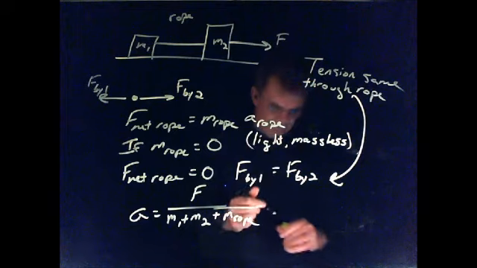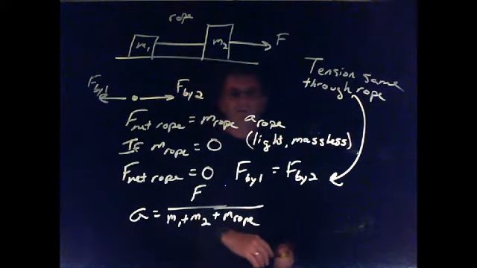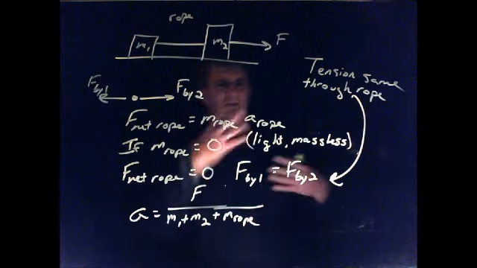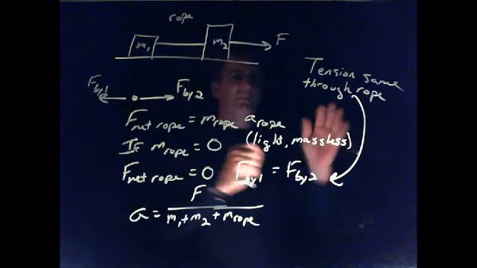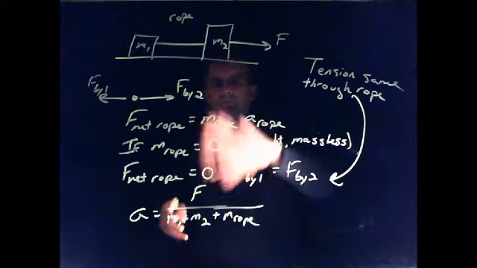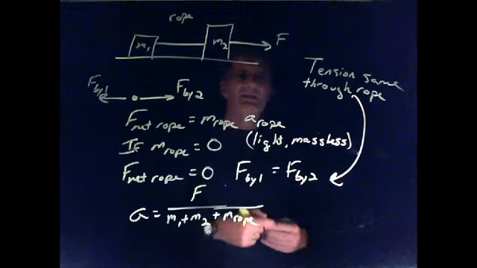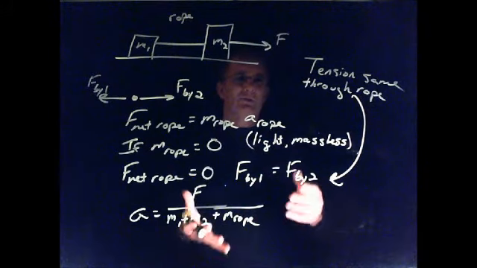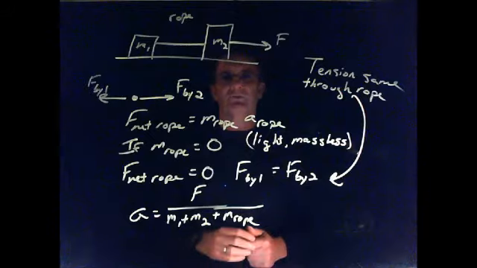We still have only one external force. And so this is not an unusual question. They begin with saying, here's our situation, a massless rope, get the acceleration. You do the experiment in class, you get a lesser acceleration. Why? Because the rope has mass, we add to the mass of our overall system.